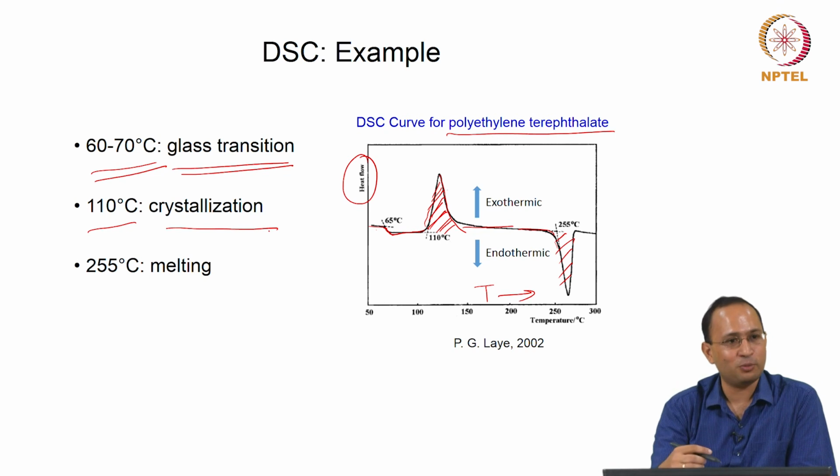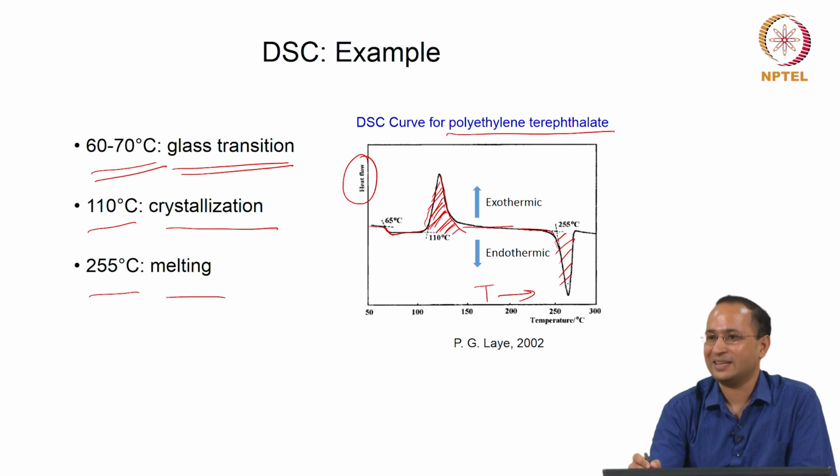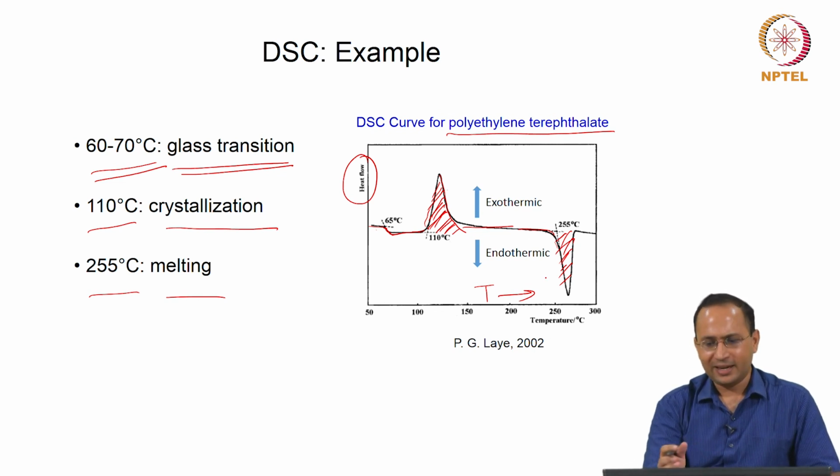So, it tells you about what kind of reactions are taking place in the sample. At 255, you have melting, which will need heat, so you see an endothermic peak. So, it can give you a lot of information about the reactions.